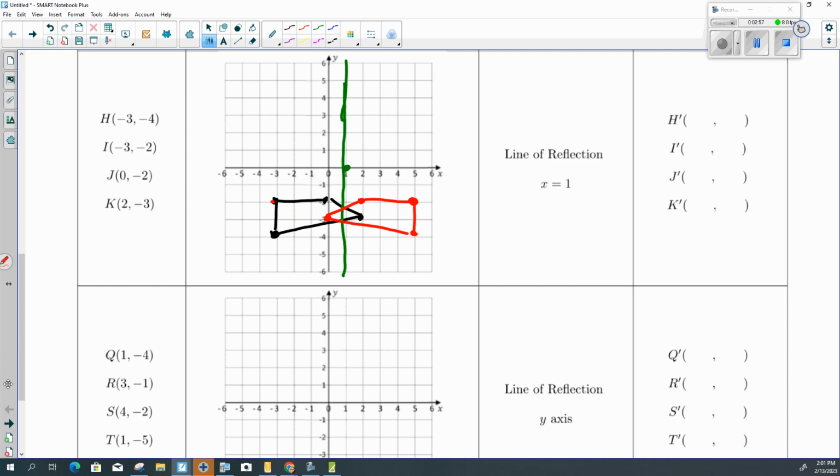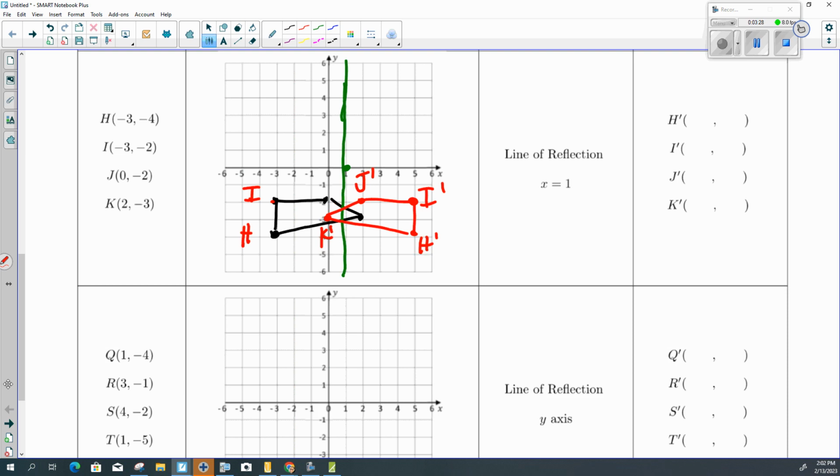That -3, -2 is I, H. So H prime, I prime, J prime, K prime. If it says to label your image, you should always label them with primes, yes?